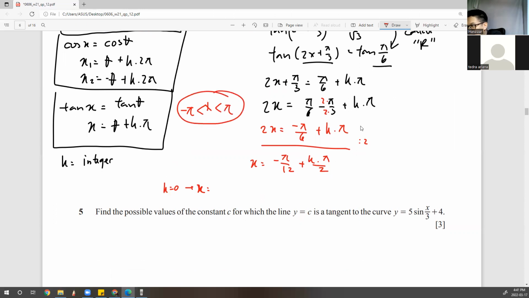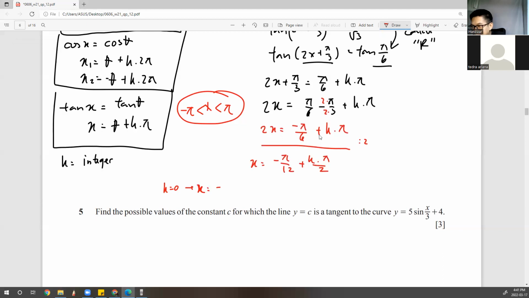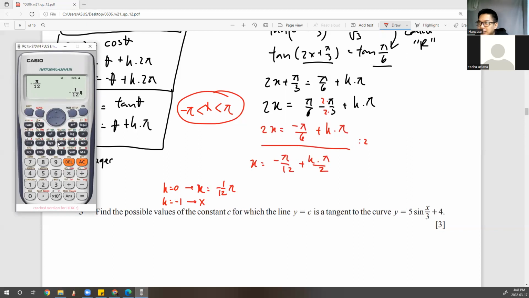With k as 0, x is negative pi over 12 plus 0, which is still in the range. How about k equals negative 1? What is the value of x? Put k as negative 1: negative pi over 12 minus pi over 2.